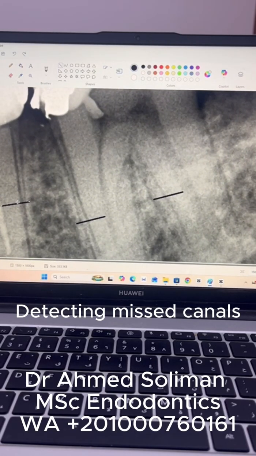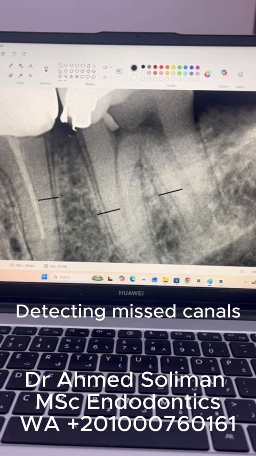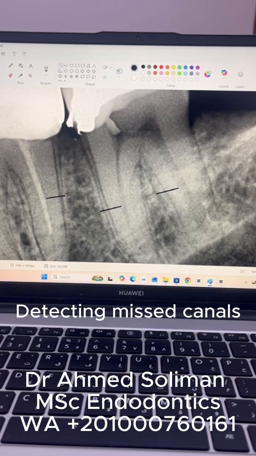We have extra length from the beginning of the gutta-percha to the beginning of the root here. So this makes me doubt that I have an extra canal in this distal root.